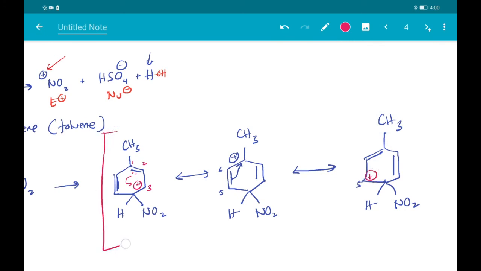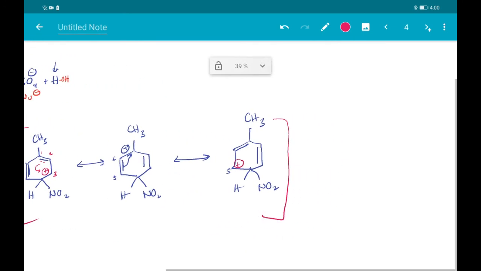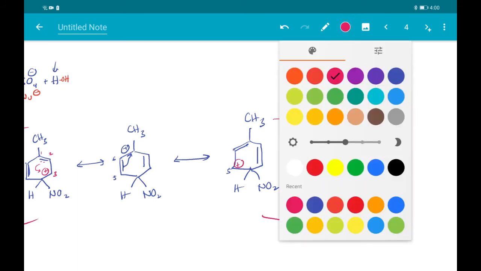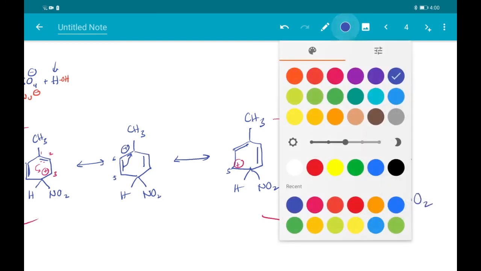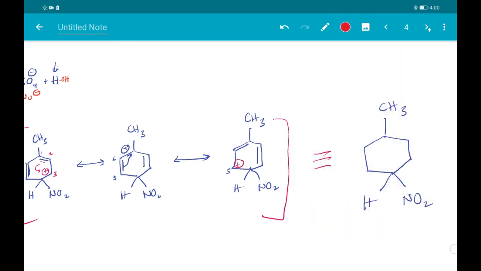So if we combine all of these three intermediates, we can simplify the structure as this. Okay, we have the benzene ring, we have the CH3, and then we have the H and also the NO2, while inside the ring, we have the positive charge that is being delocalized inside the benzene ring.